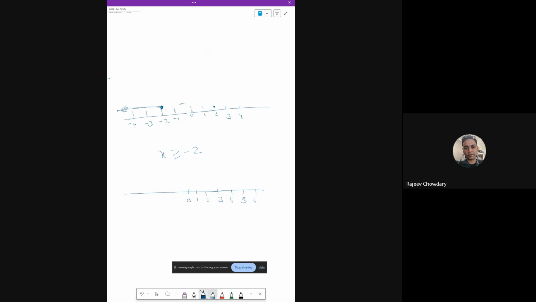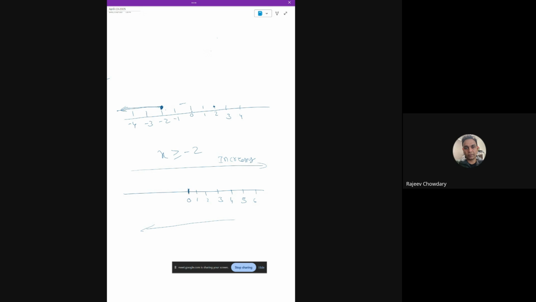So as you go to the left, what happens? If you're going from left to right, the numbers are increasing. Do you agree? So would it be x is equal to or less than -2? Yeah, so that's where we're heading.